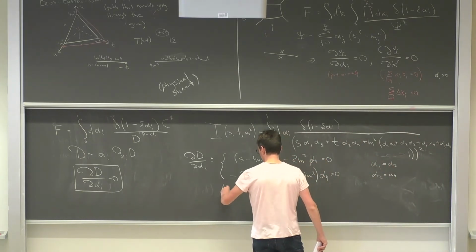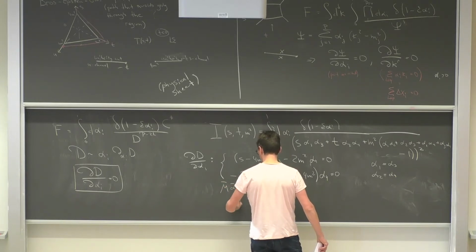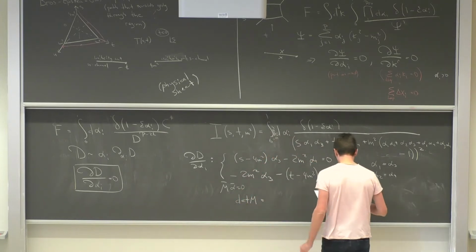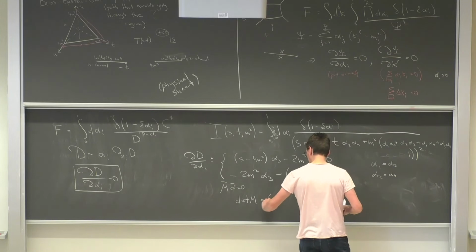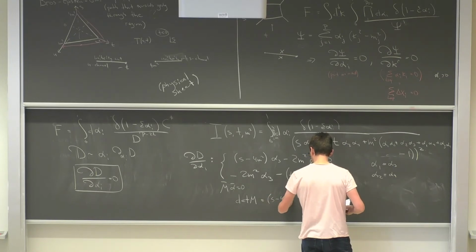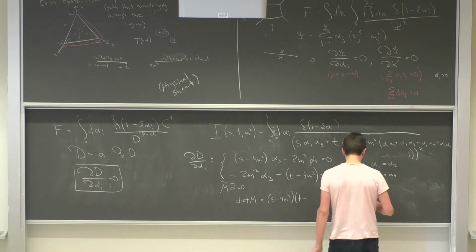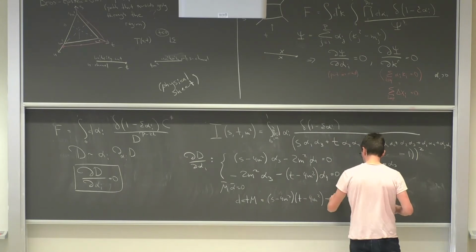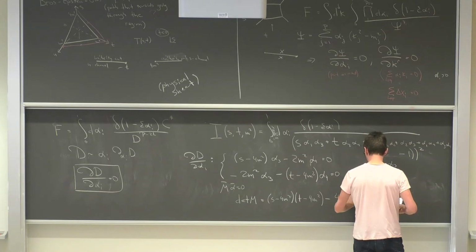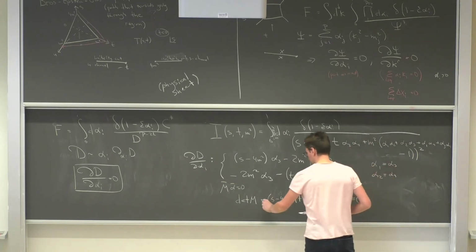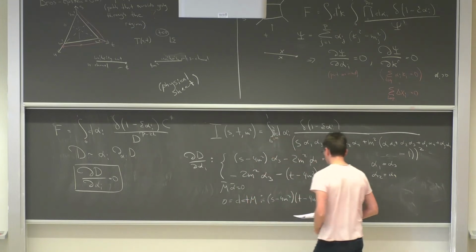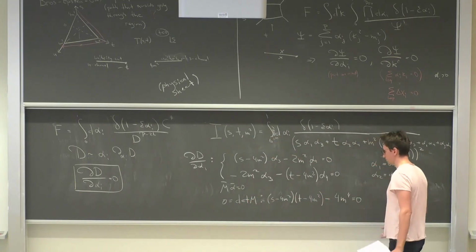So let me write it as M alpha equal to 0, and the Landau equations lead to the locus determinant of M equals s minus 4m squared times t minus 4m squared minus 4m to the 4 equal to 0. So this is the equation for the Landau curve of this graph.